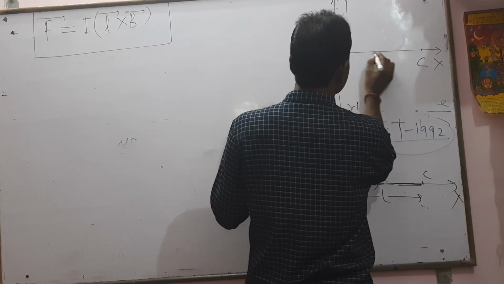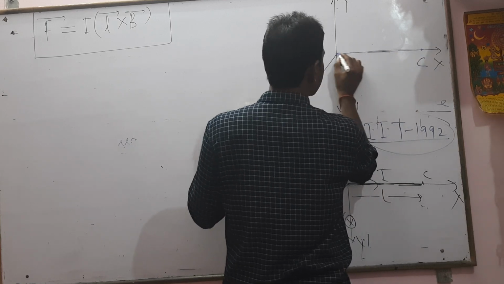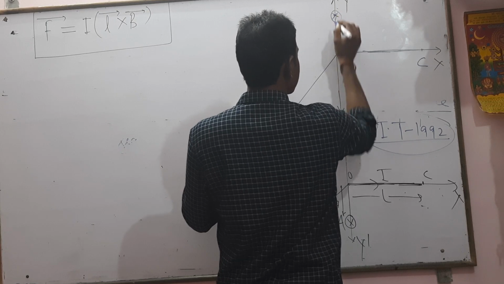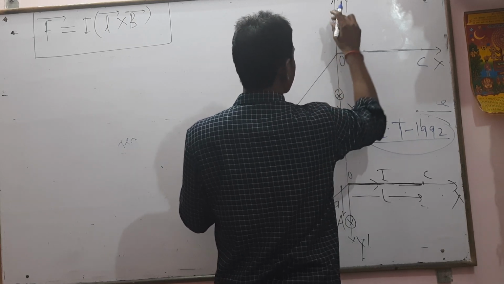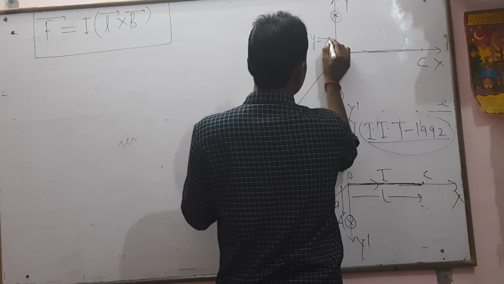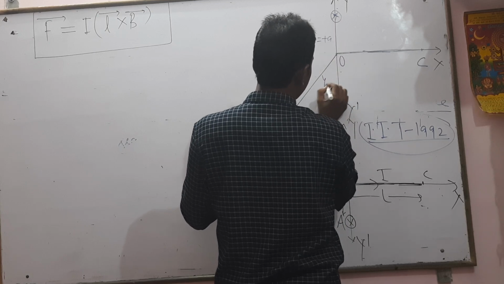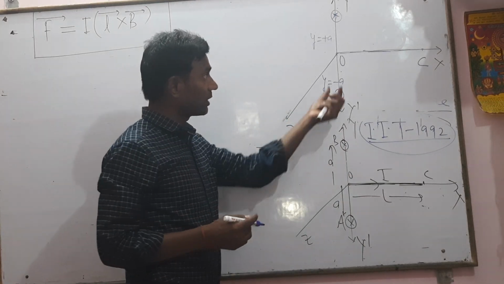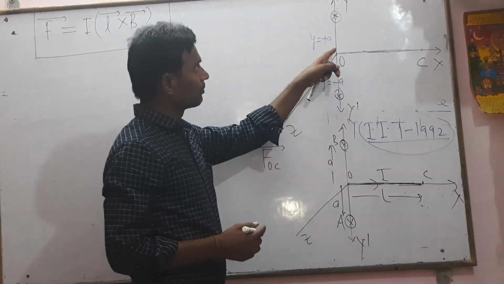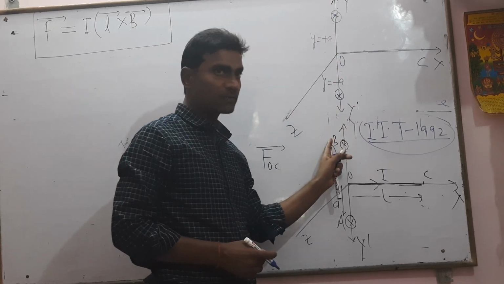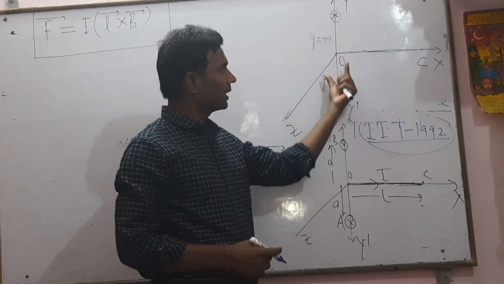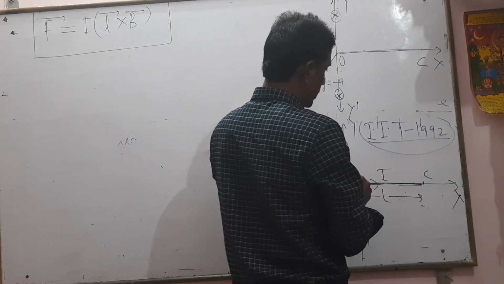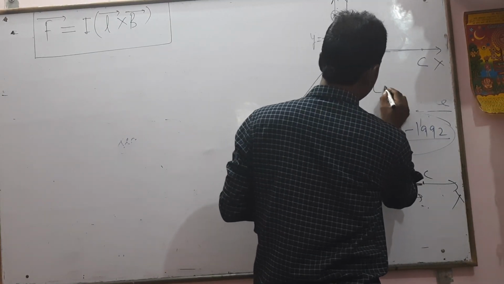Two wires are given at these two locations, y equals plus a and y equals minus a, because this is the y-axis and this is the minus y-axis. The length OC equals L.